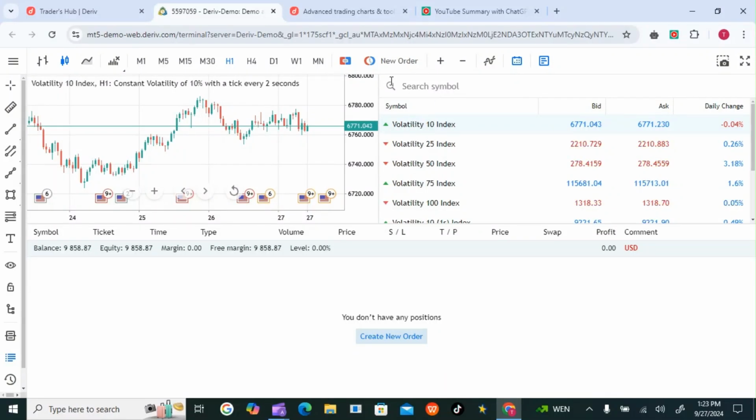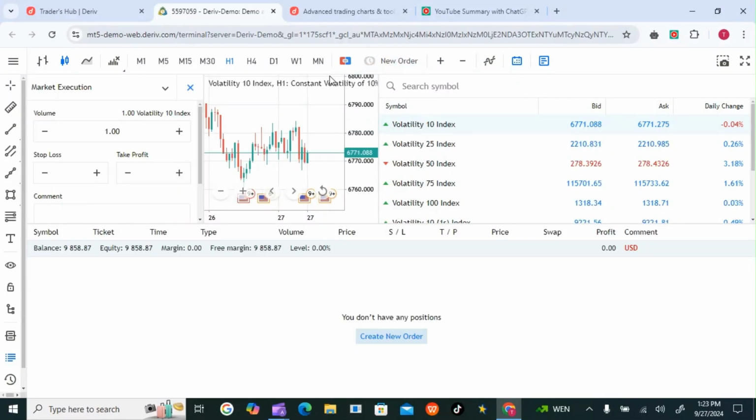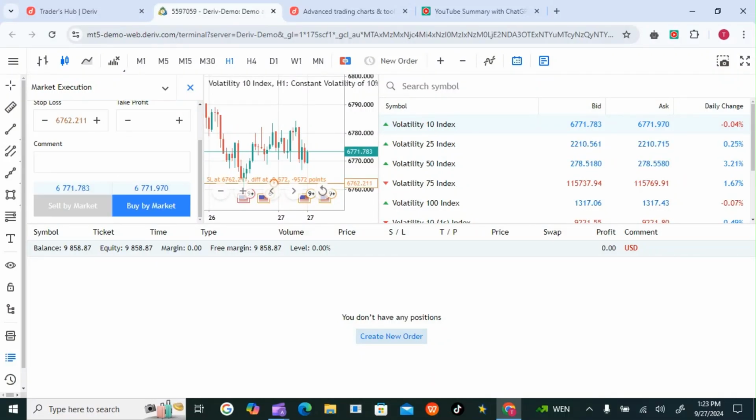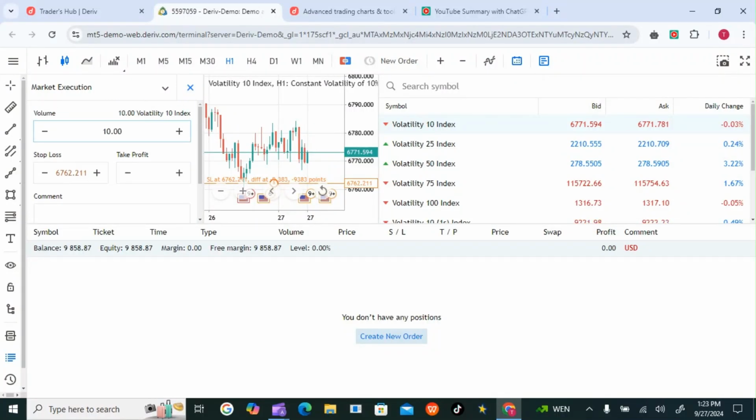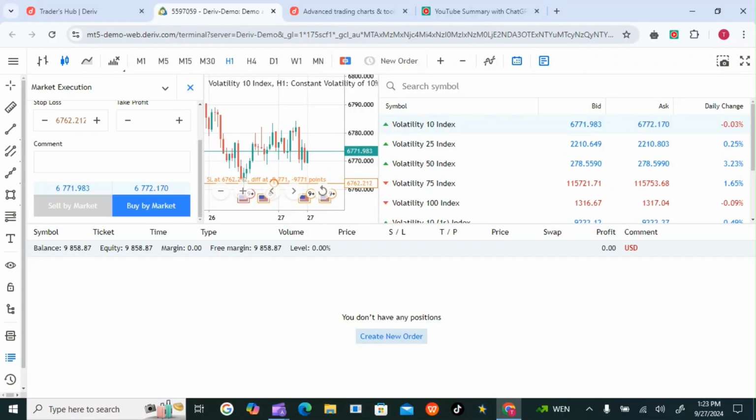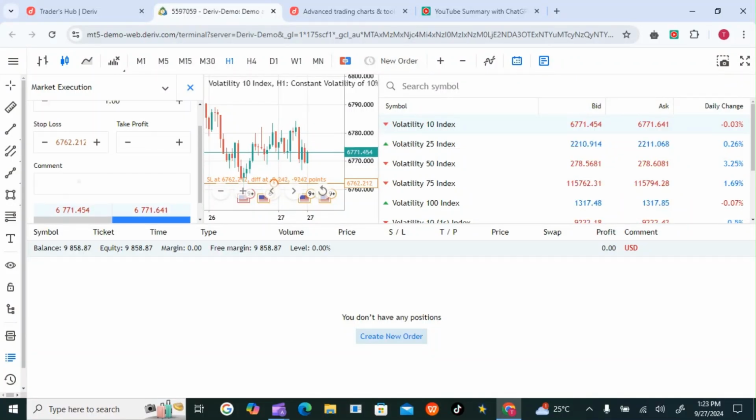I'll come and tap new order and sell. We will just put something like 10, and then sell that market. You can see it's not moving. There's no chance to sell. I don't know why.